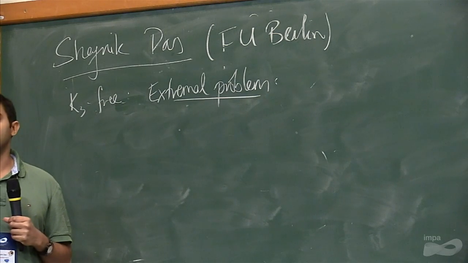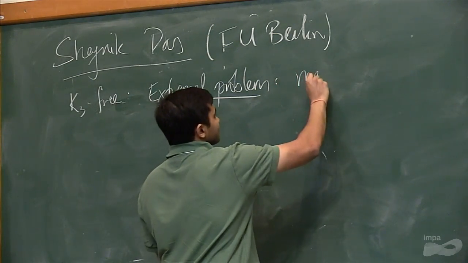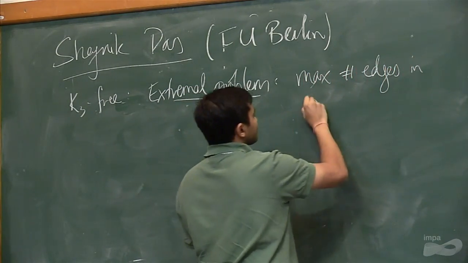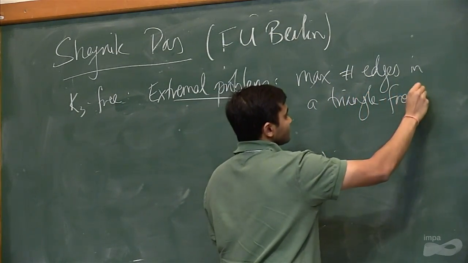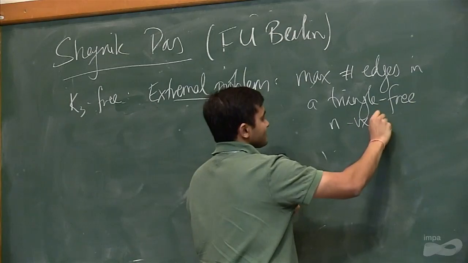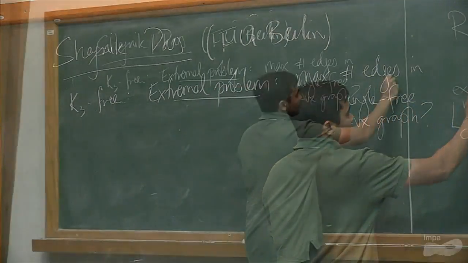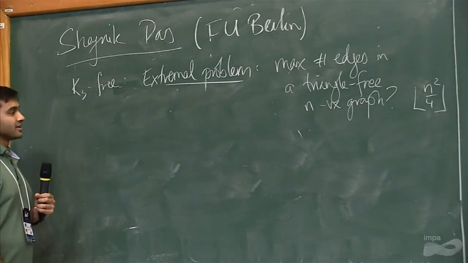How many edges can an n-vertex graph have without having a triangle? Okay, and then we all know the answer is n squared over 4 with the complete bipartite graph.